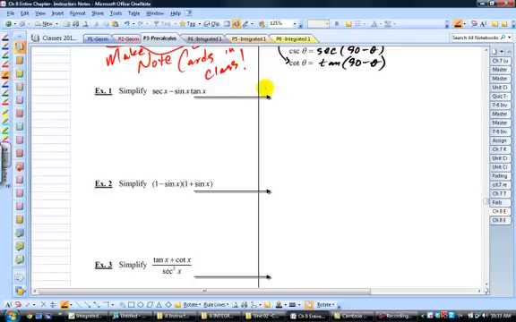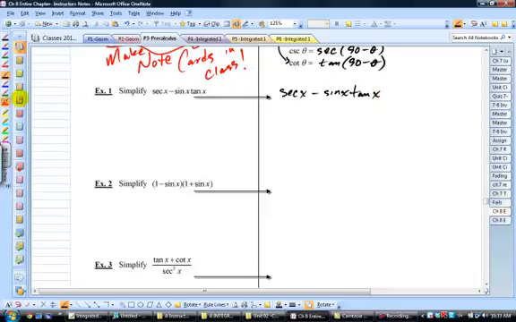Now we have secant x minus sine x times tangent x. Let me just write it down. We're going to do all the work on the right-hand side. The first technique you're going to learn is to rewrite all functions in terms of sine and cosine.